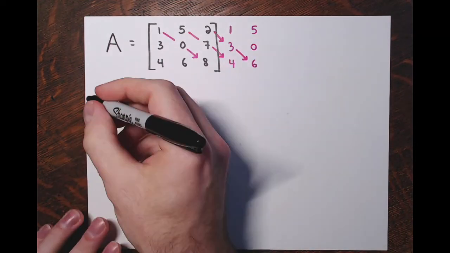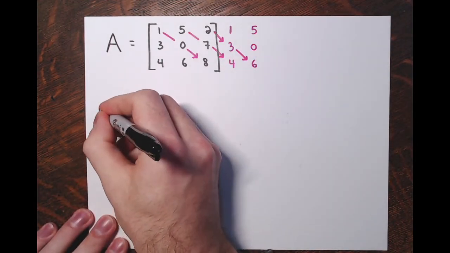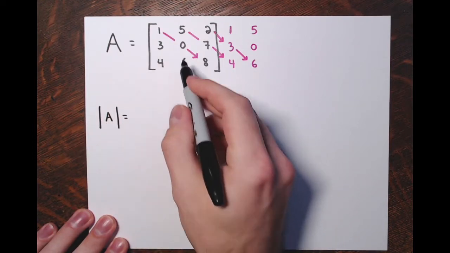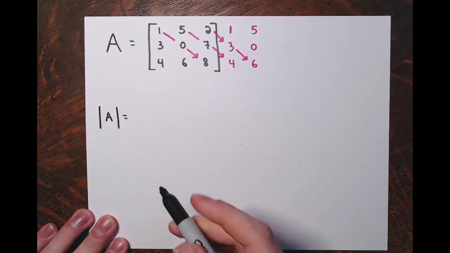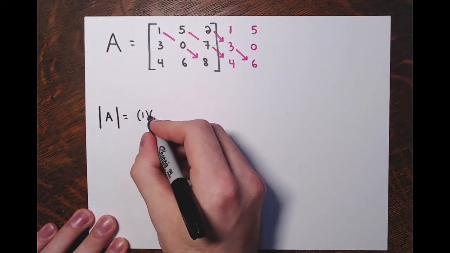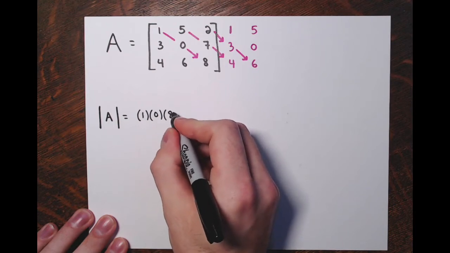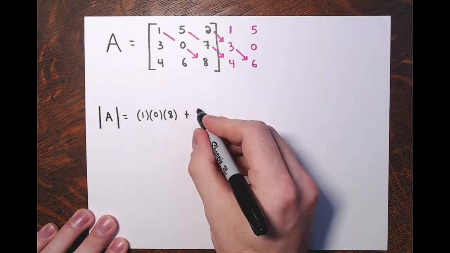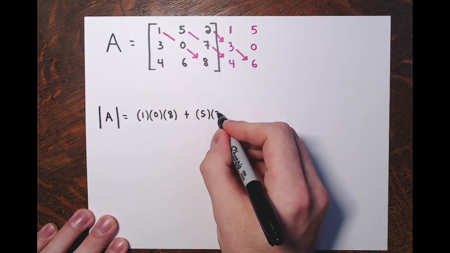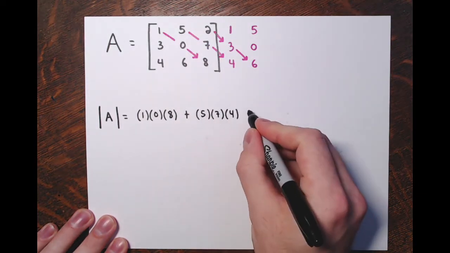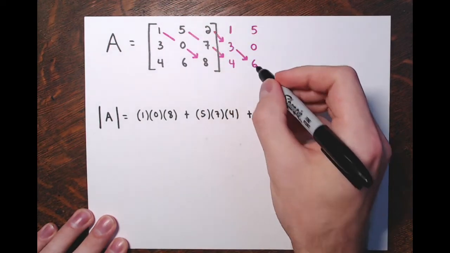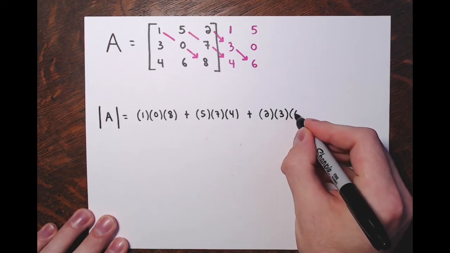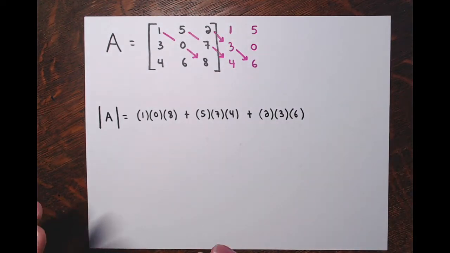So the determinant of matrix A is the sum of these products: 1 times 0 times 8 plus 5 times 7 times 4 plus 2 times 3 times 6. We'll figure out what those products are in a second.